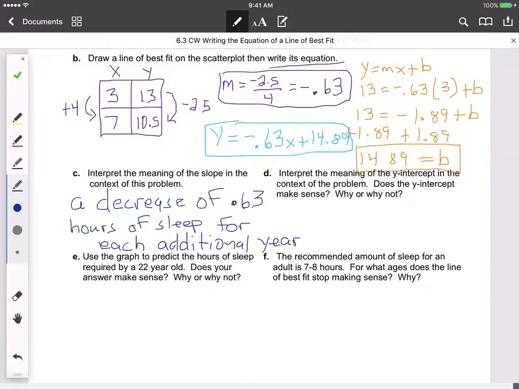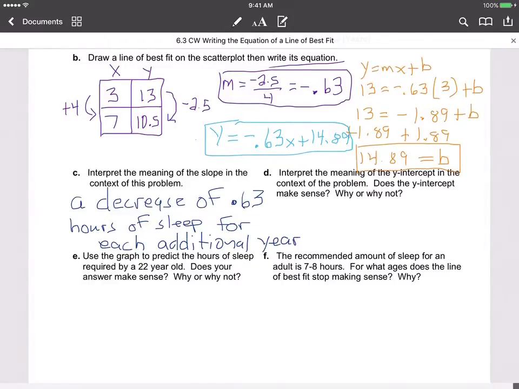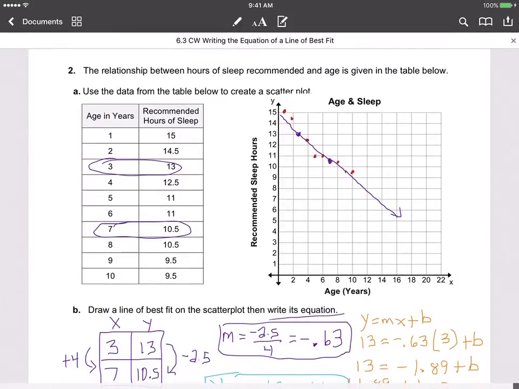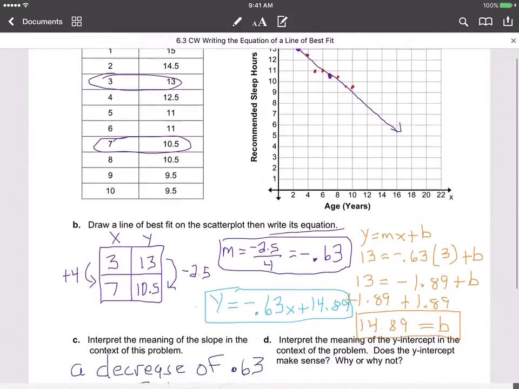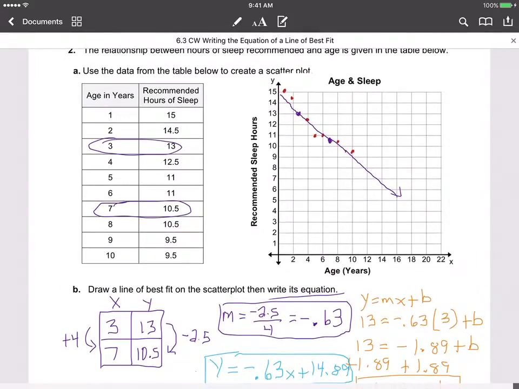Alright, question D. Interpret the meaning of the y-intercept in the context of the problem. Does the y-intercept make sense? Why or why not? So if we scroll back up to the graph here, we've got that y-intercept of 14.89.